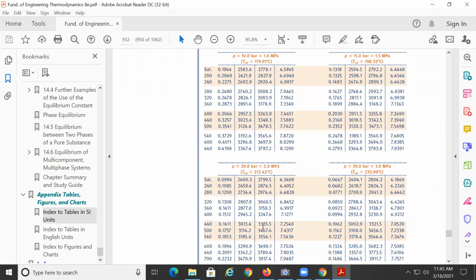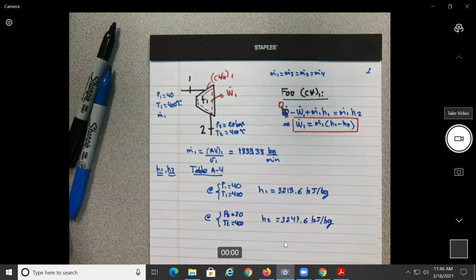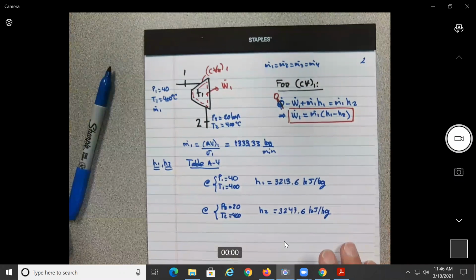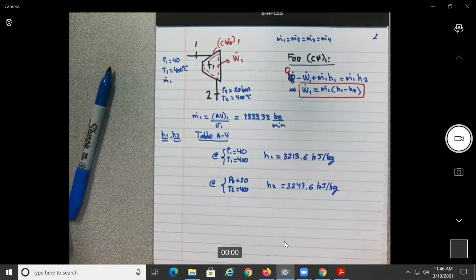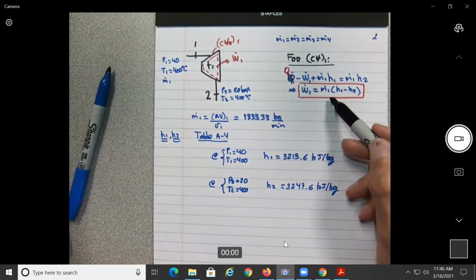So at 20, 400, we'll have 3,247.6. Okay, so we have the data, but maybe we can do everything together. No, the final application we do at the end. Or rather calculate now the work for one. I mean, let's do it now.